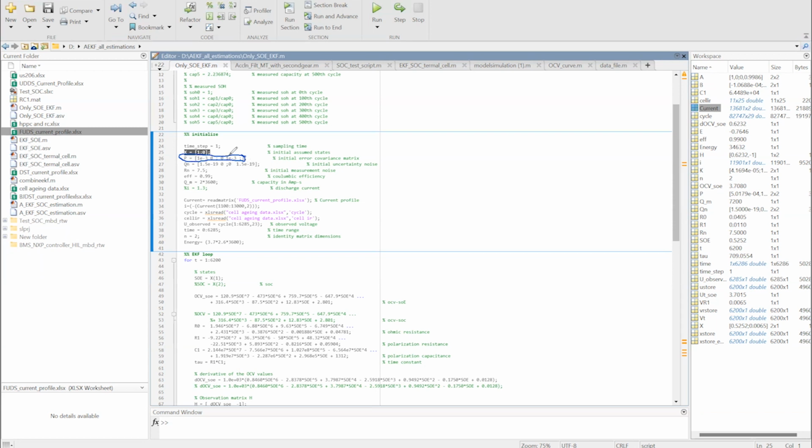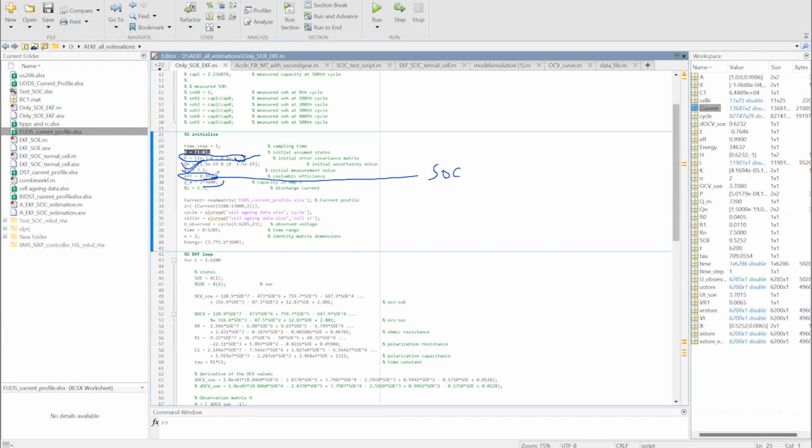Again, modeling the initial error covariance matrix itself is a big task. And then the initial uncertainty noise as input, and then the initial measurement noise. Then you can put some Coulombic efficiency, which would be used in the SOC equation, but I'm not using this part.